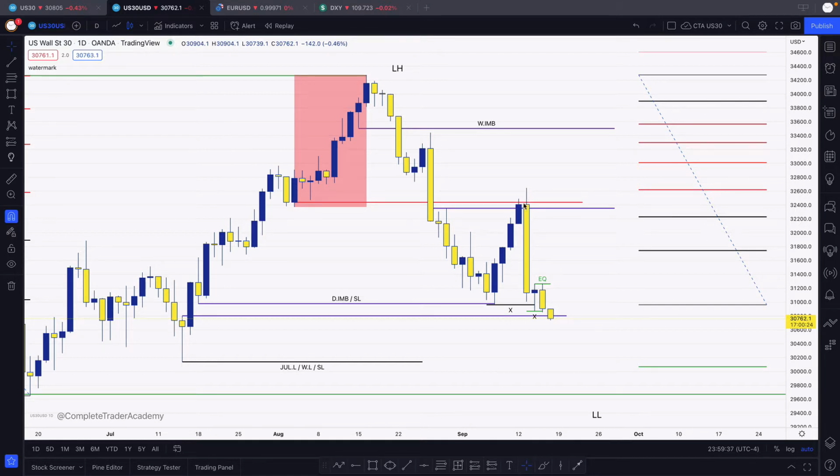Then we never closed above this open of the candle, right? So that's more confluence. Price came down, that day was over. Then this day opened, came down, took out the liquidity underneath here, tried to balance more of this imbalance, but it didn't do that great of a job.